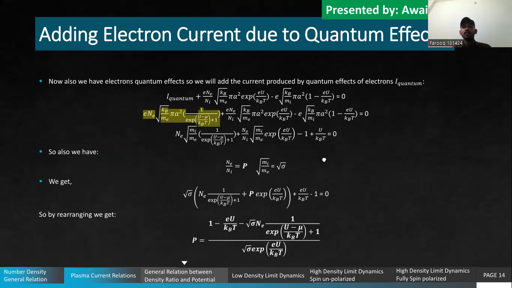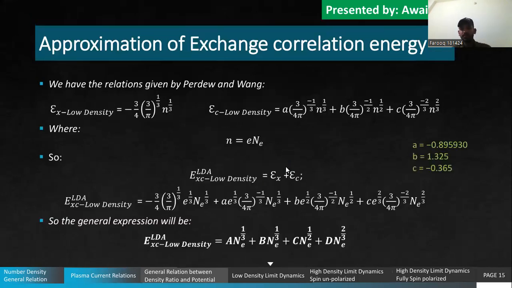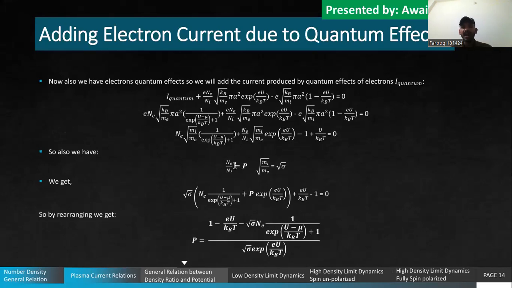After doing a simple manipulation, we take under root mi over under root me common, and we get this thing. Let under root mi over me be equal to under root sigma. The mass ratio is represented by sigma, and Ne over Ni is represented by the P parameter. That is the ratio of the number density of electrons to the number density of ions.